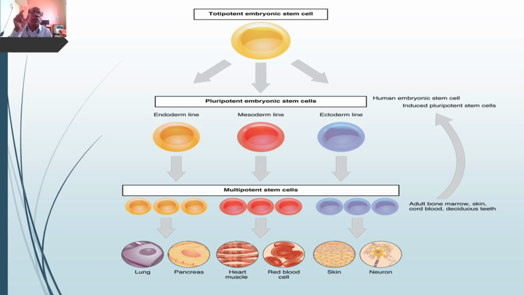So the totipotent embryonic stem cell will then develop or transform into the pluripotent embryonic cells. And this pluripotent, pluri means many, plural, singular, plural. So these are just terms: singular, single; plural, many. So the pluripotent embryonic cells.